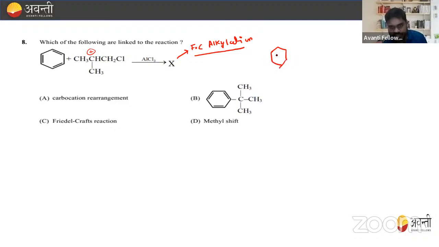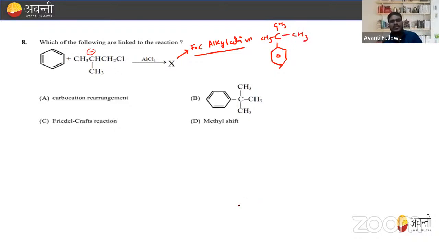This is benzene, and at benzene, it will come like C. It is surrounded by CH3, right? This C is surrounded by CH3 and CH3, again CH3. So at C, it will be surrounded by CH3, CH3, and this is also CH3.